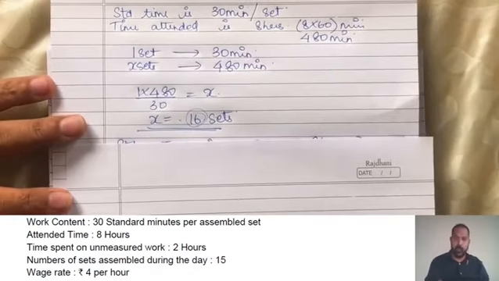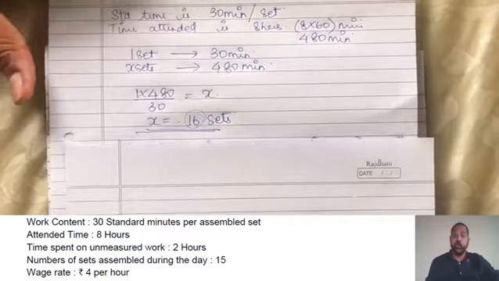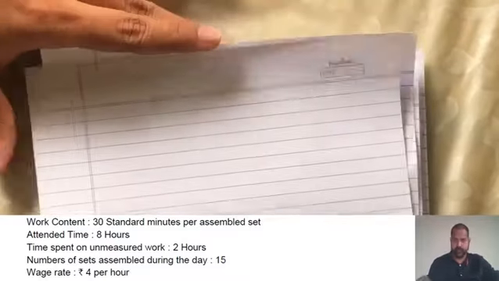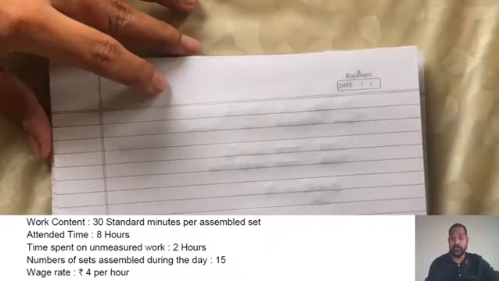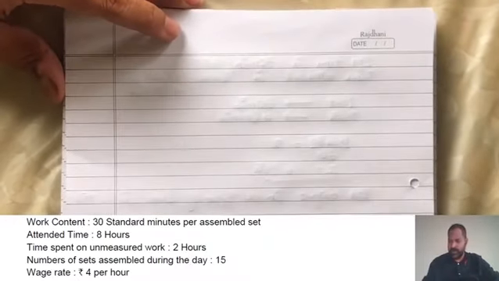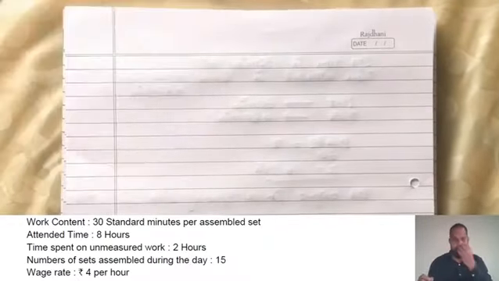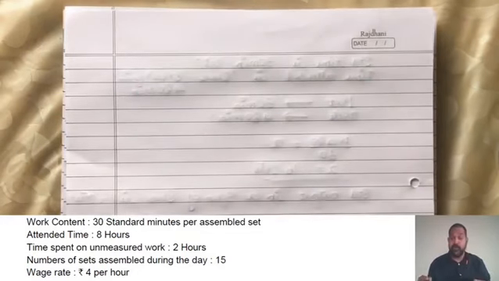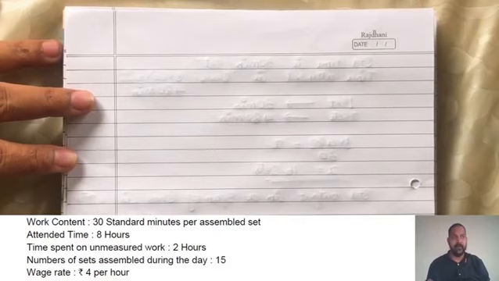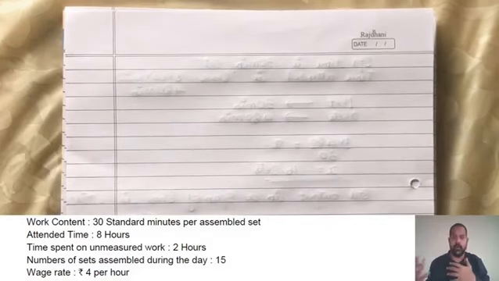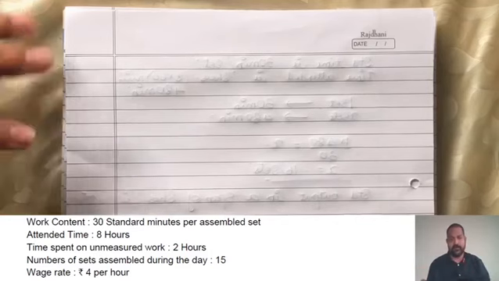But sir, there's a small problem. There is something called 2 hours of unmeasured work. Now, what do you mean by 2 hours of unmeasured work? Well, I'll tell you with an example. Suppose you are a carpenter and you have to work on making a table or a chair.